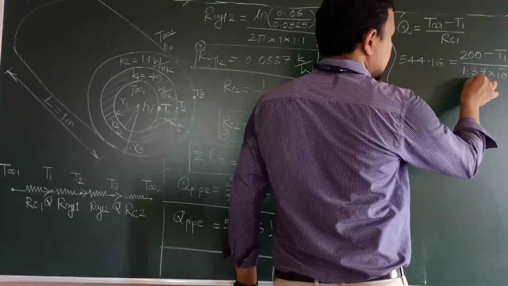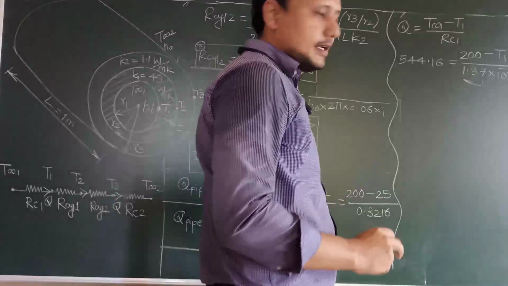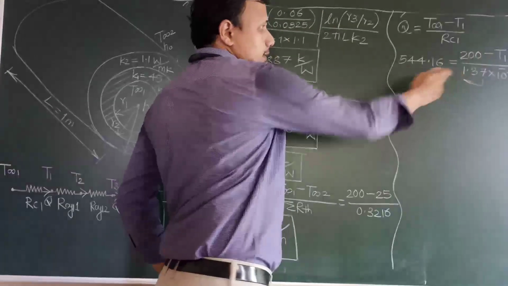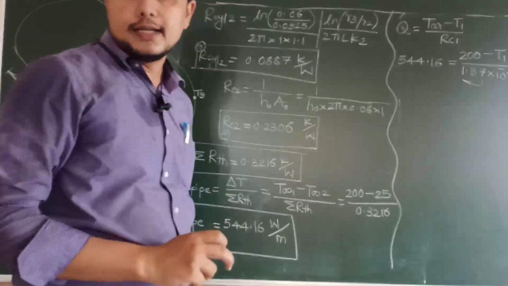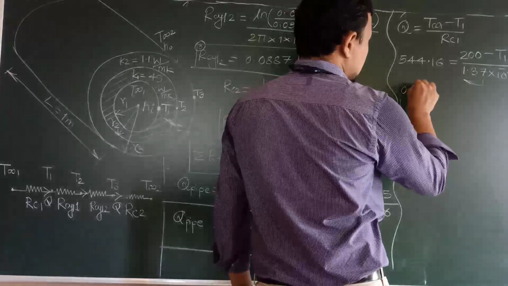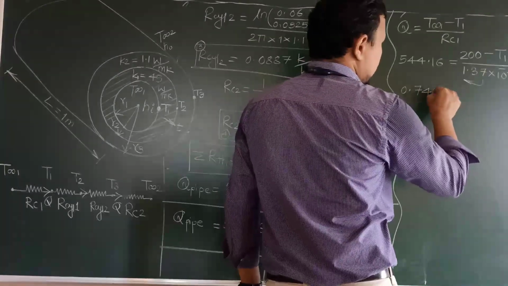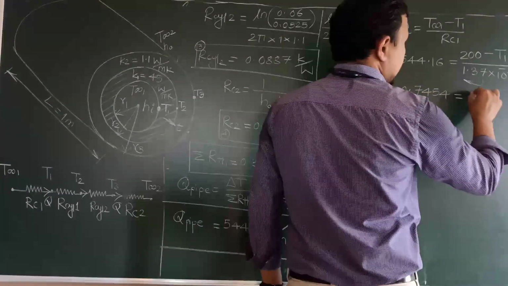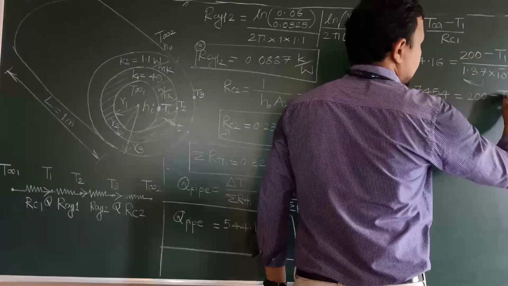Now I will take this quantity on the other side of the equality sign and multiply 544 by that magnitude. So what I get is 0.7454, my mistake. It is equal to 200 minus T1.